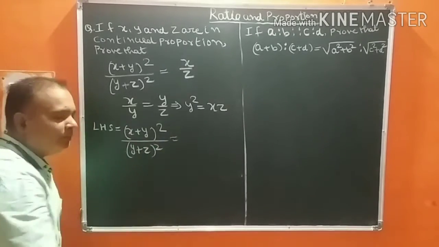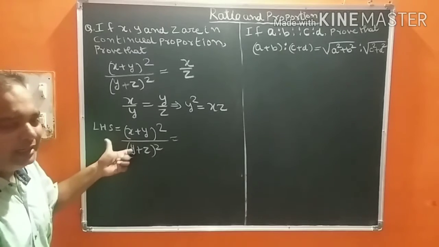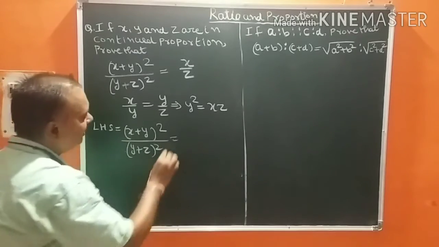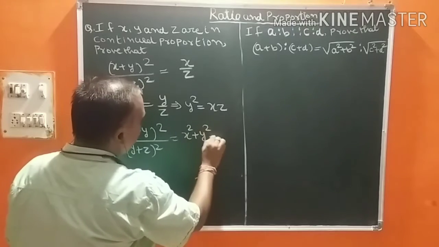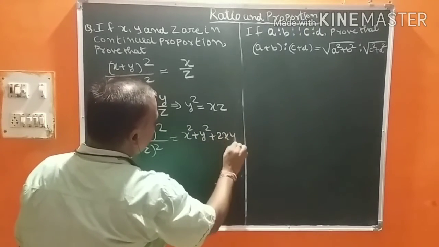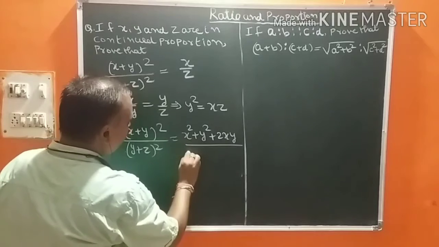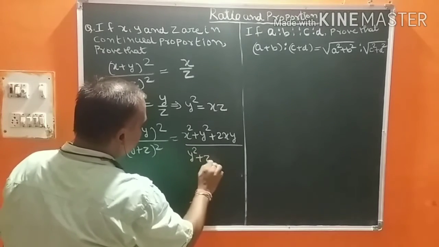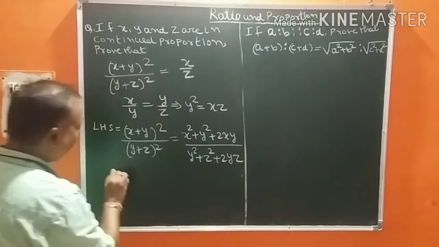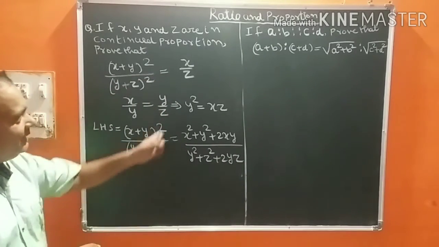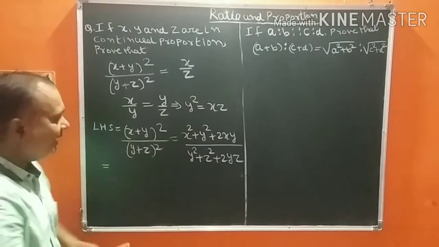Now numerator and denominator both expand by the identity (a plus b) whole square. So we can write x square plus y square plus 2xy upon y square plus z square plus 2yz. Is it clear? Now in place of y square, put xz.